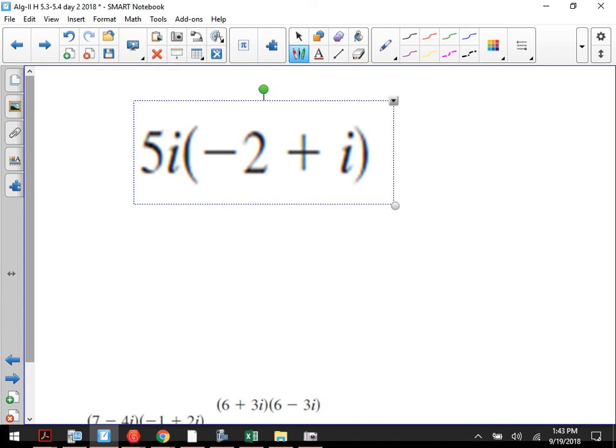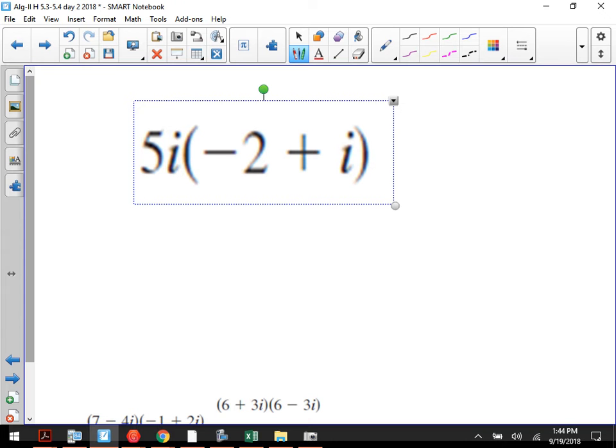Now what do you think you gotta do? Okay. So when you multiply values of i, again, if it's got the i next to it, and you have 5i times a negative 2, multiply the numbers together like you would normally, as if that was an x.